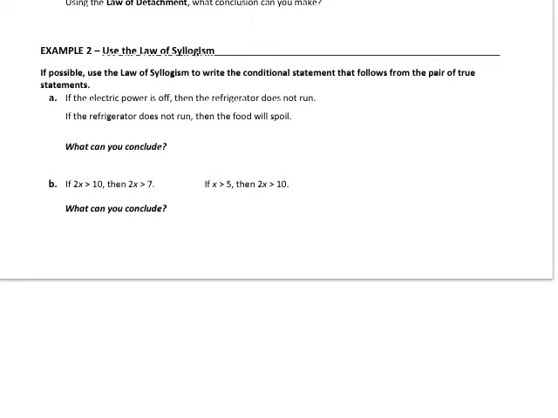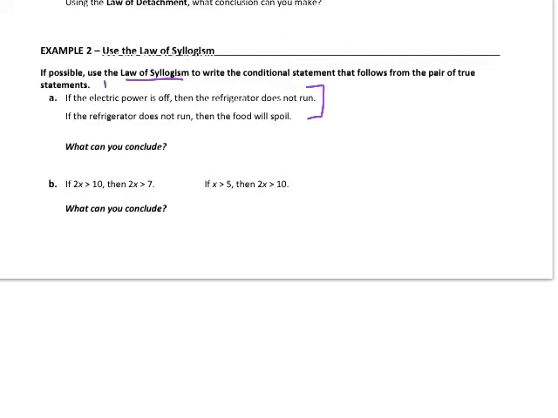In example 2, we are asked to use the law of syllogism, and it states here, if possible, use the law of syllogism to write the conditional statement that follows from the pair of true statements. So here we have two conditional statements. If the electric power is off, then the refrigerator does not run.